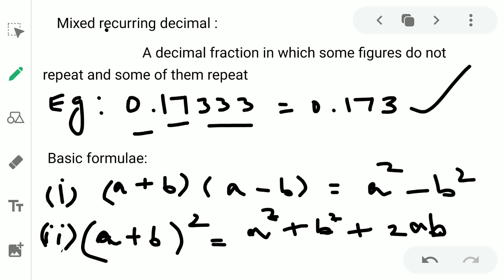Next one, a very very important basic formula. It is usually asked in all topics. So let's take a look at it. Basic formula: a plus b into a minus b gives the answer a square minus b square. Next one, a plus b the whole square equals a square plus b square plus 2ab.